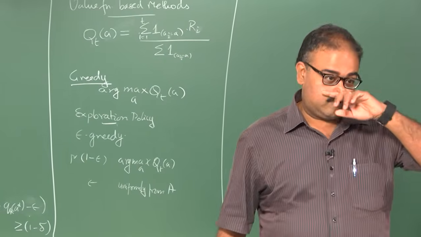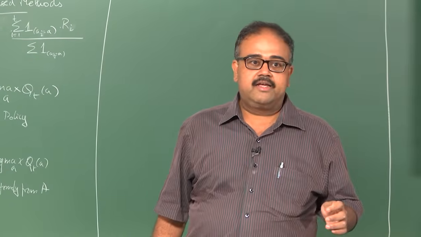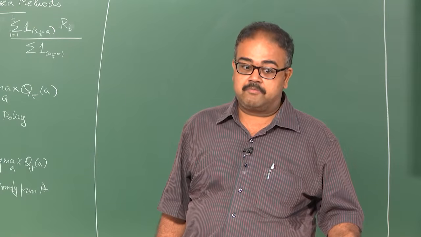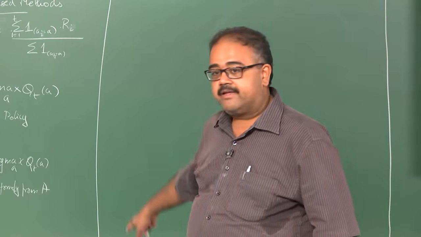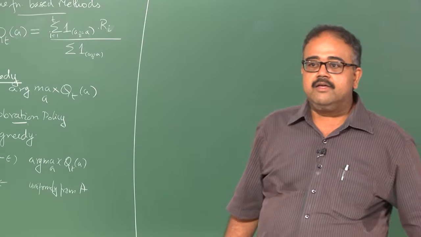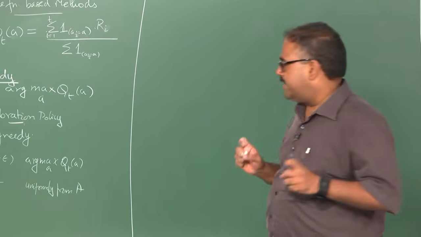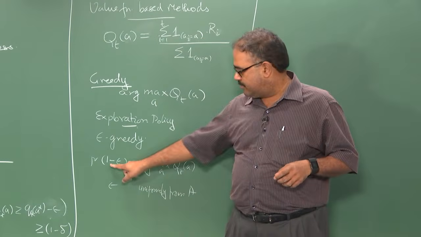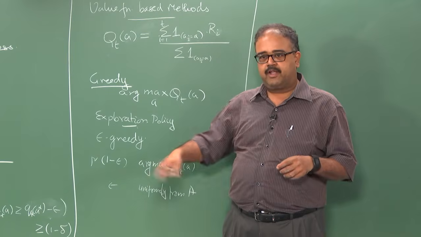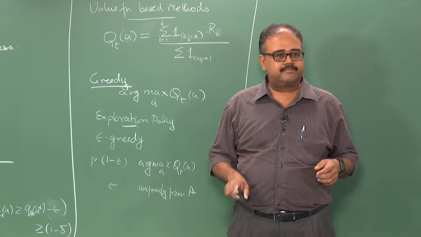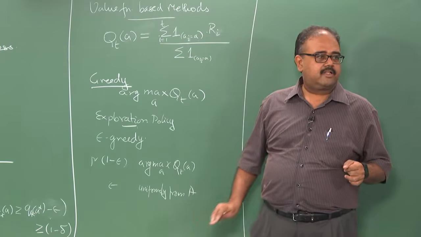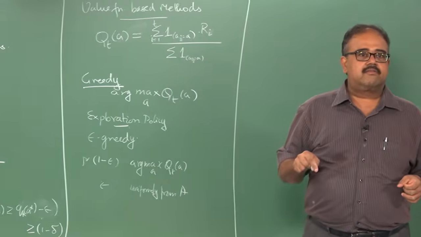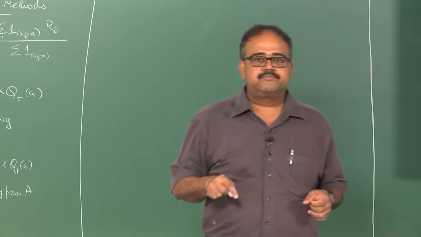Okay. So one thing which you should note here is that if I choose uniformly from A, I still have a probability of hitting that argmax A. So in fact, the probability of me taking this action is 1 minus epsilon plus epsilon by n. The probability of me exploring is actually n minus 1 epsilon by n. Okay.